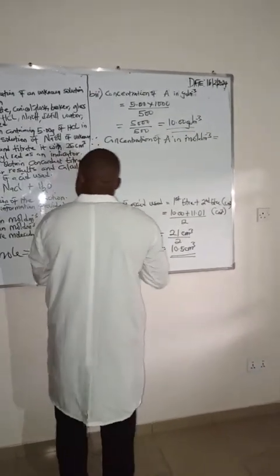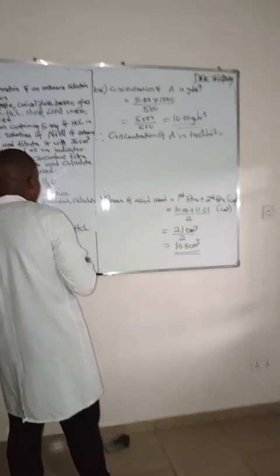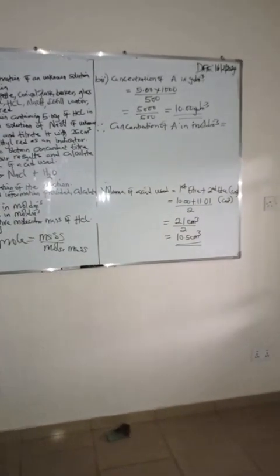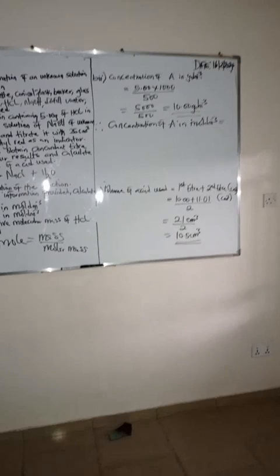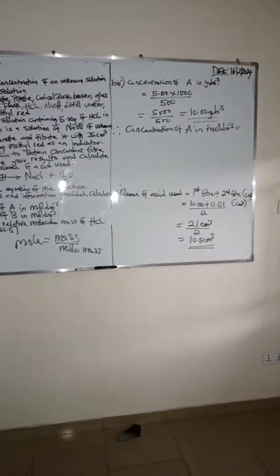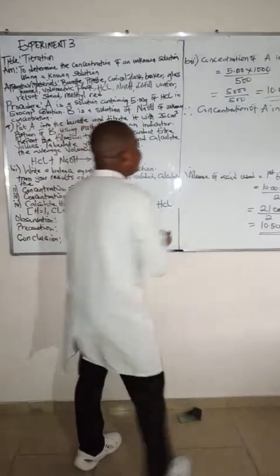Now we will calculate the molar mass of the acid. What is the molar mass of the acid? From here we said H is equal to 1, chlorine is equal to 35.5.